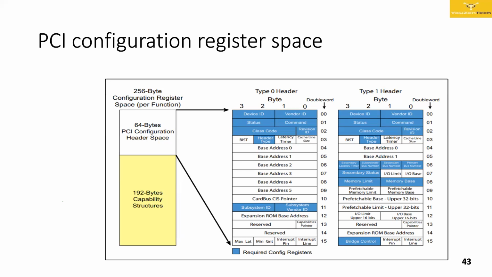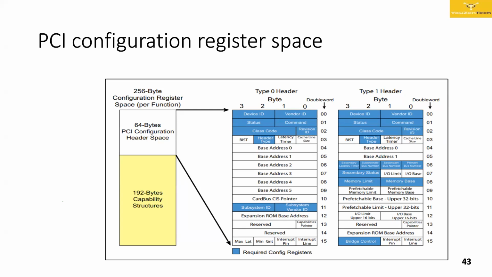Now, to know whether it's a bridge or not, first we need to read the header type, right? Whatever TLP is coming, I explained there is one bit. Based on that, if it is meant for a bridge, it goes to the bridge. Every TLP will go through the bridge to the endpoint, right?